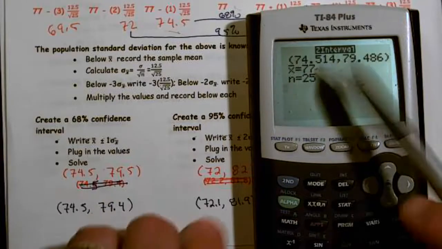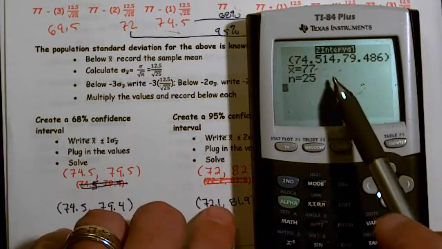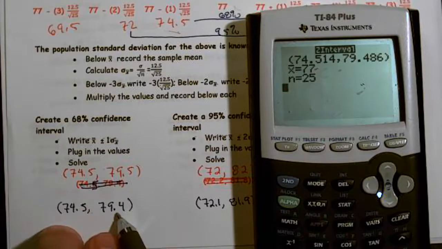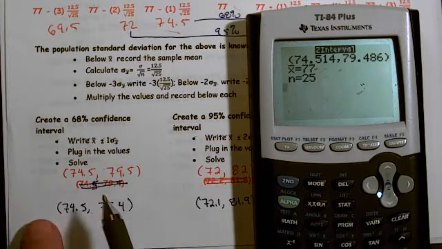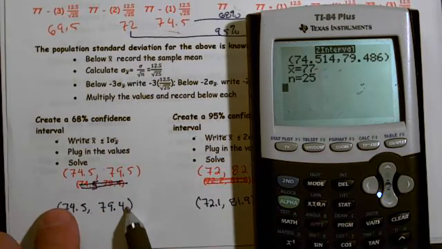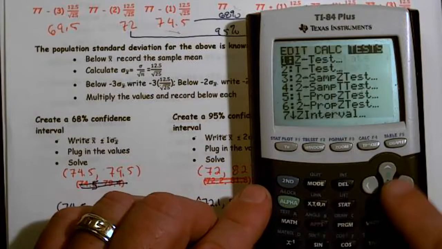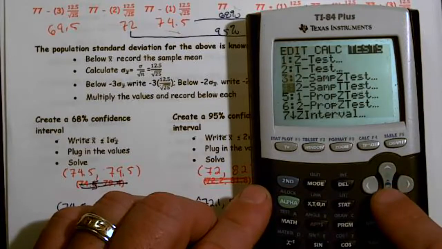And then we end up getting 74.5 to 79.4 as our interval. Notice it's a little bit different, just by rounding. Then we go back and do the same thing: STAT, TESTS, ZInterval.